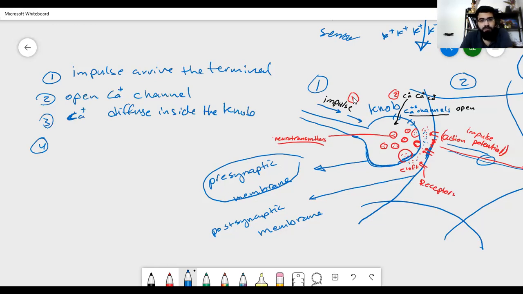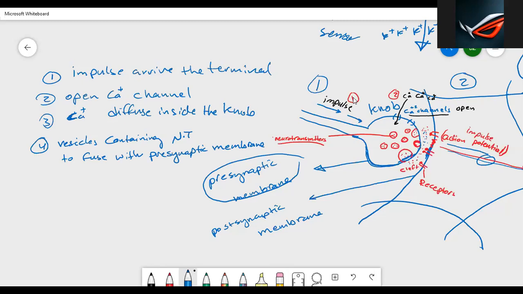The vesicles containing neurotransmitters, NT, I will write NT, to fuse with the presynaptic membrane.